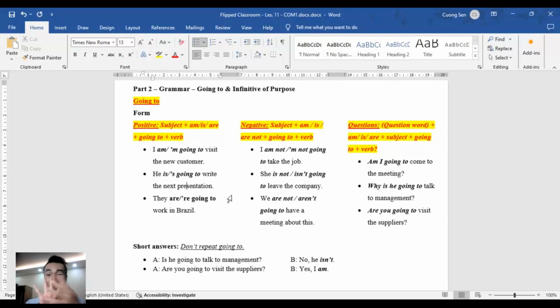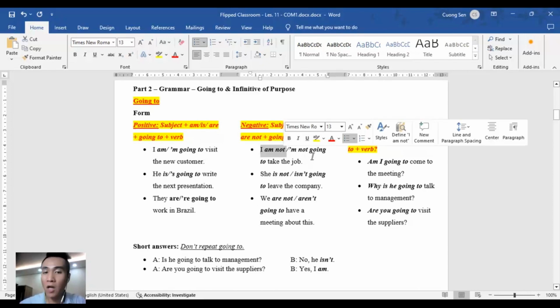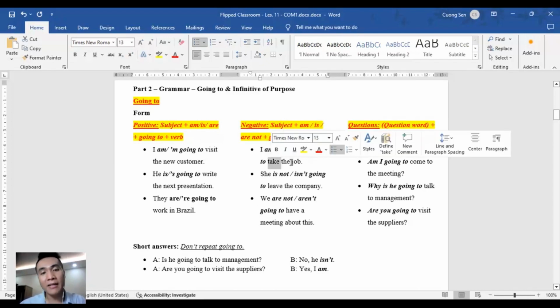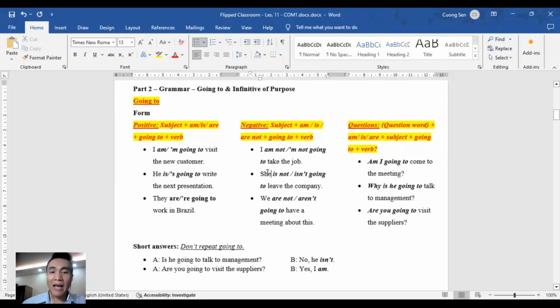So I'm going to do it again. This is 5 parts, right? 5 fingers. Subject, am, is, are, not, going to, and verb. So that's the structure. Look at the example: I am not, or I'm not going to take the job. The same thing. That's very easy. She, he, or it, we usually use with is, right?